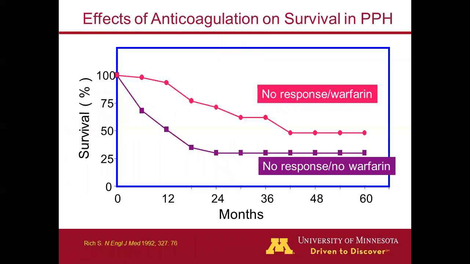Okay, so next is anticoagulation. Previously, when I was trained in 2000, most of these patients would get started on anticoagulation. This recommendation is not based on a randomized controlled trial. It is mainly based on a prospective study by one of my mentors, Stuart Ridge, during the 1990s.